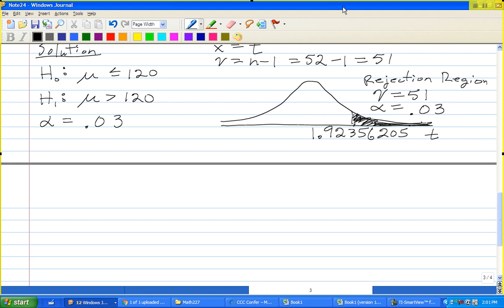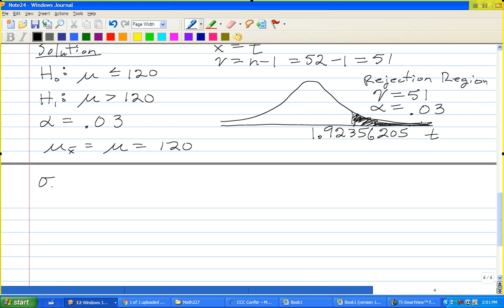Okay, so let's figure out some of the parameters for my sampling distribution. The mean for the sampling distribution of all possible sample means is the mean of the population, which I said was 120. The standard deviation is the population standard deviation over the square root of the sample size, because the population is assumed to be infinite.